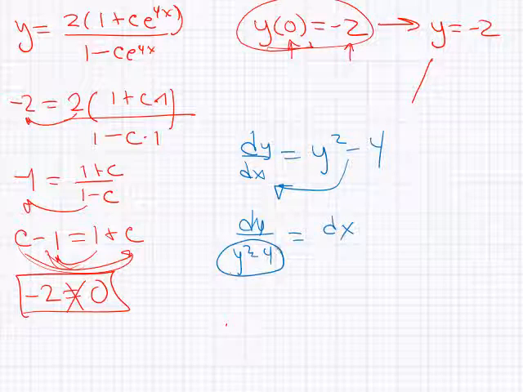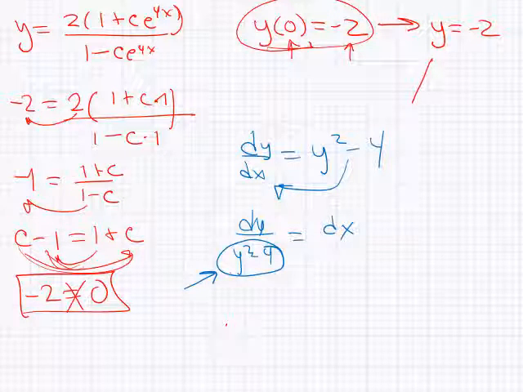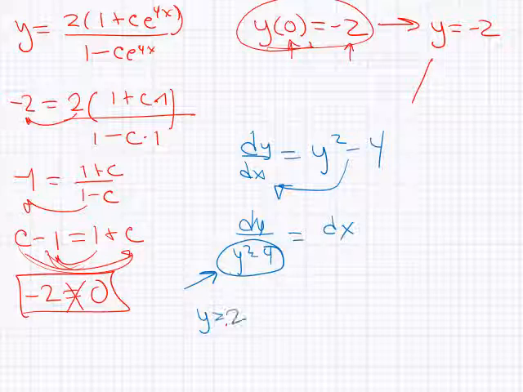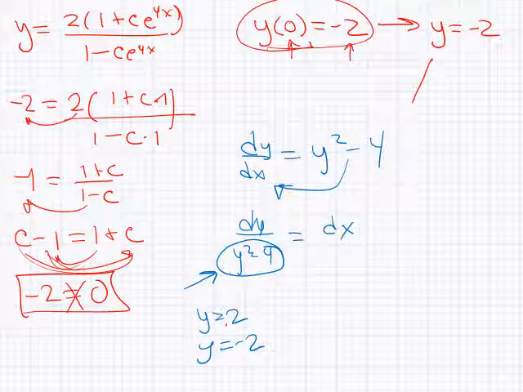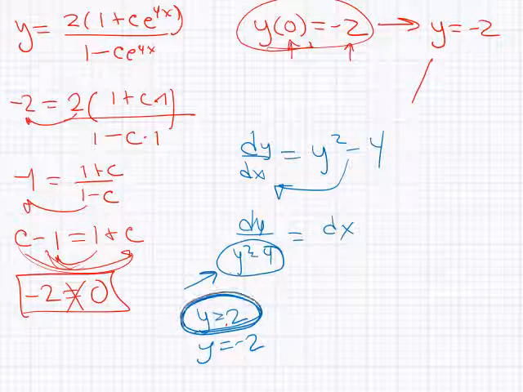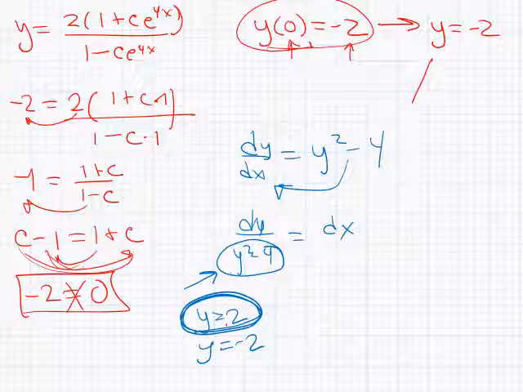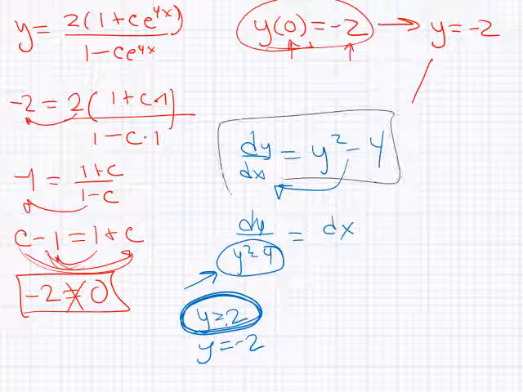The second we divided by this, we're assuming this doesn't equal 0. Well, when would it equal 0? It would equal 0 when y equals 2 or negative 2. And so we were still able to recover this solution from the solution to the differential equation, but we were never able to recover this one.